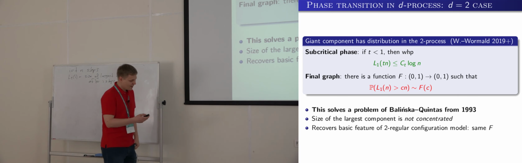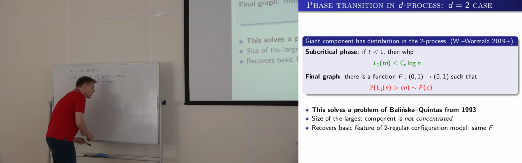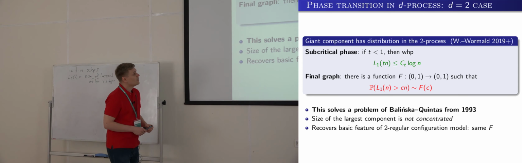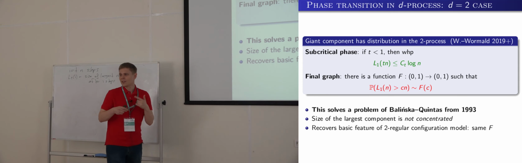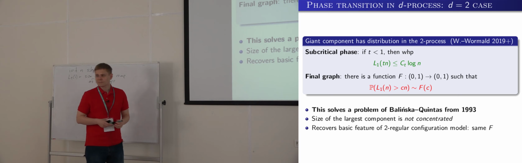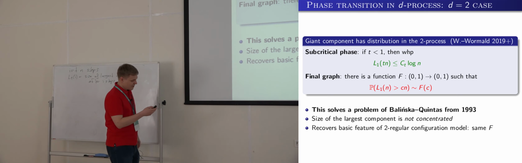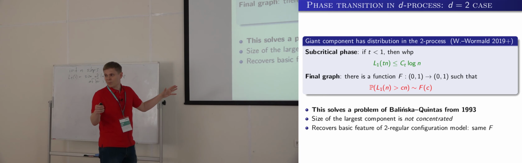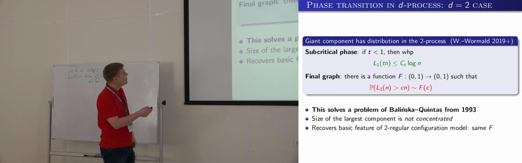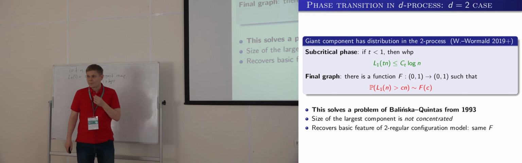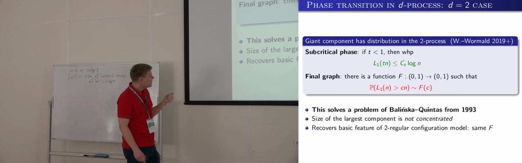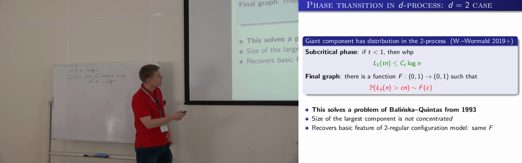Maybe I should say that in the 2-process, you can add at most n edges to the graph. So the process runs for at most n steps, and what we can show is that all the action happens at the end of the process. If you look at any fixed t smaller than 1, then the size of the largest component after t times n steps is logarithmic in n. But if you look at the largest component at the end, after n steps, then the largest component is not concentrated.